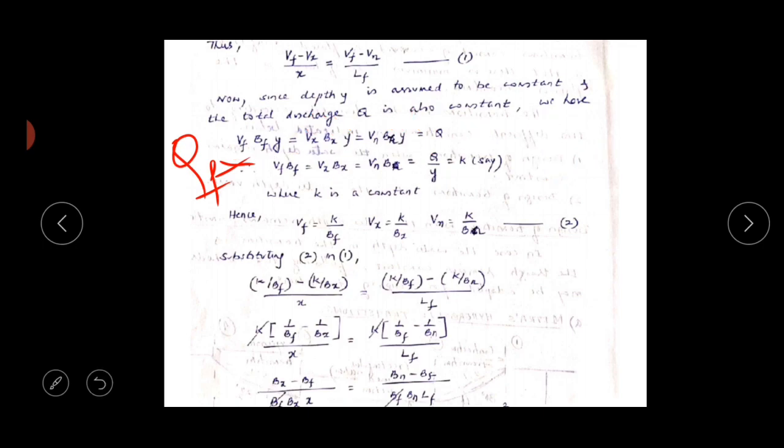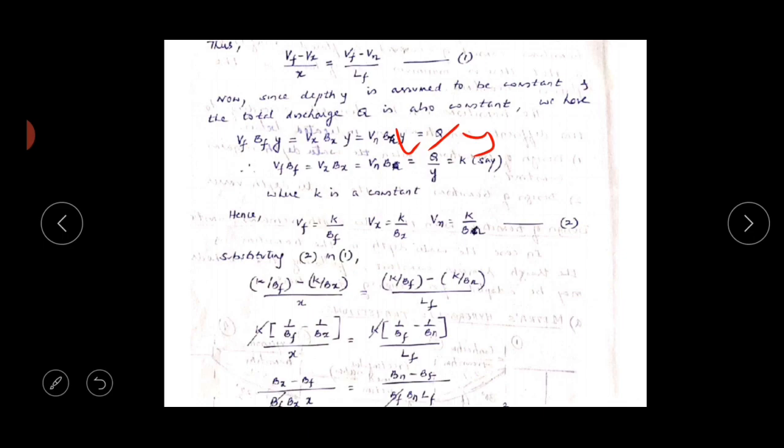So I'll take out y as common out of these. So here it will be Vf Bf is equal to Vx Bx is equal to Vn Bn, and I'll take this one into the denominator. So it will be Q divided by y.